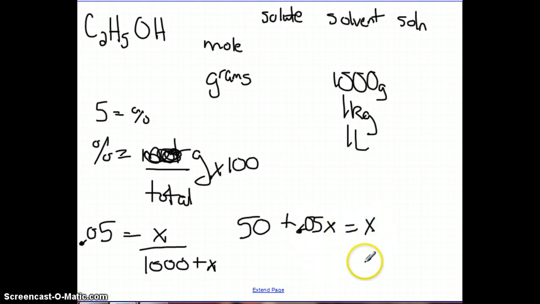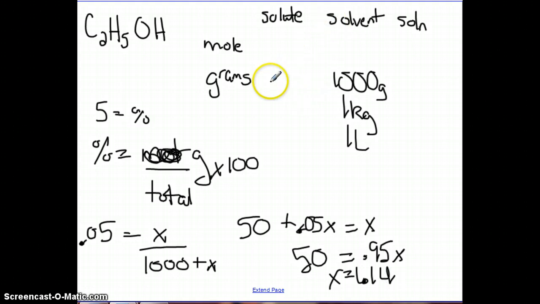So if you subtract the 0.05x, you get 0.95x is equal to 50. Divide by 0.95, and you get x is equal to 1.14. So that is our grams of solute, 1.14, because we're working with mass percent here.